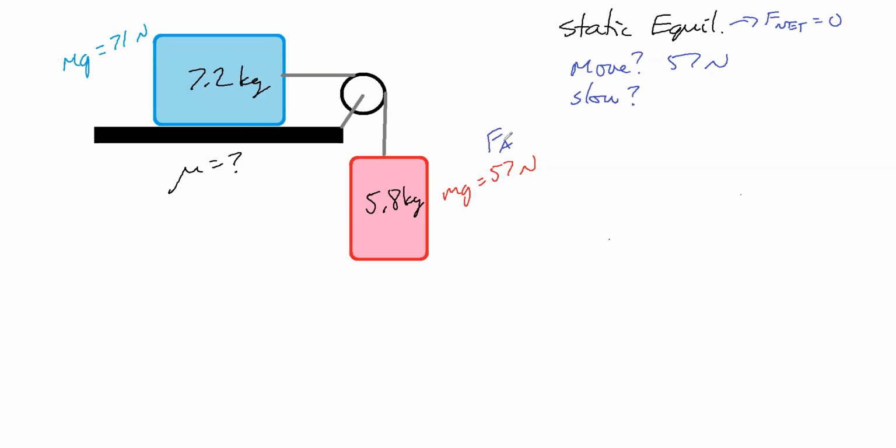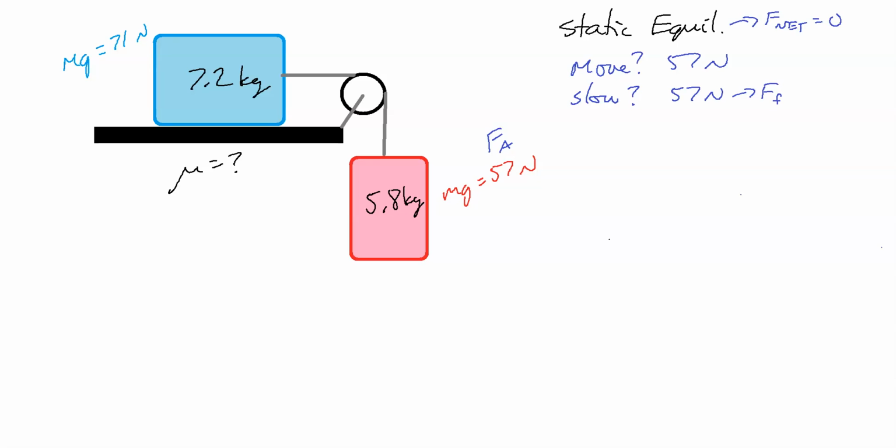But if it's not actually going anywhere, that tells me I must have 57 newtons trying to slow it down to cancel out the applied force of 57, and this must be my force of friction. That would be between the blue box and the table. So now I know my force of friction because we're in a static equilibrium.